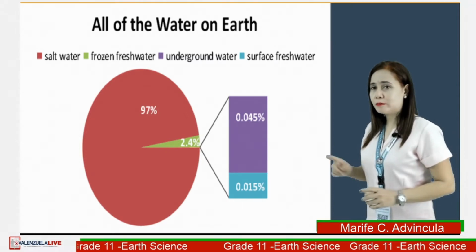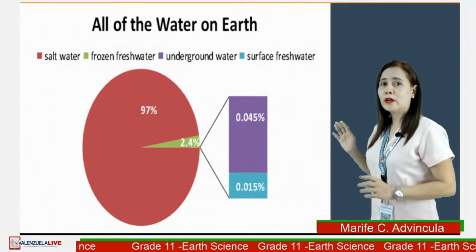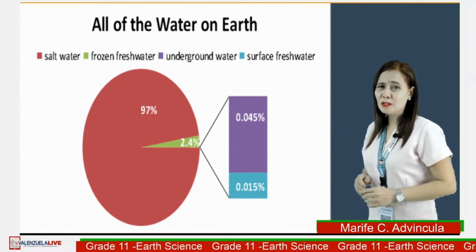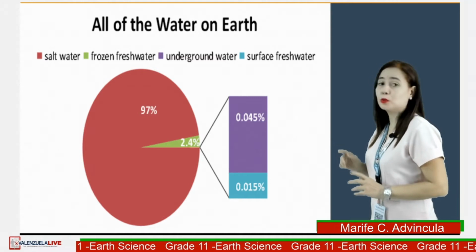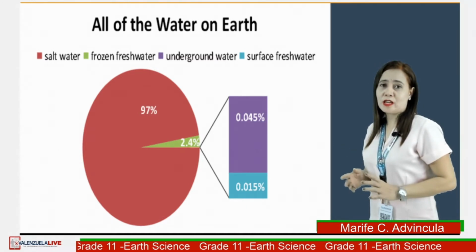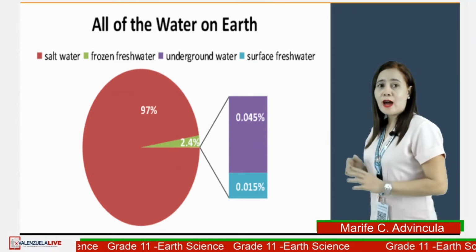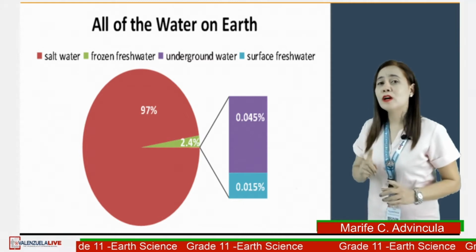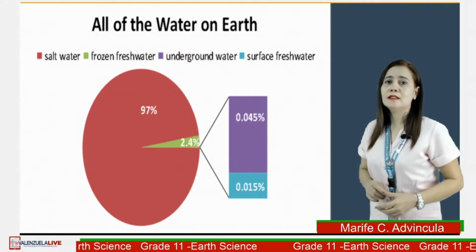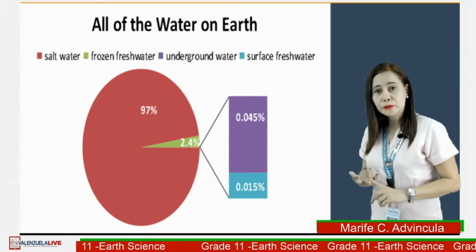The 97% of it is from the ocean, or it forms the ocean, which is also called salt water. Only 3% of the Earth's water is fresh. The 2/3 of it is in the form of ice, and the remaining 1/3 is present in streams, lakes, and groundwater.